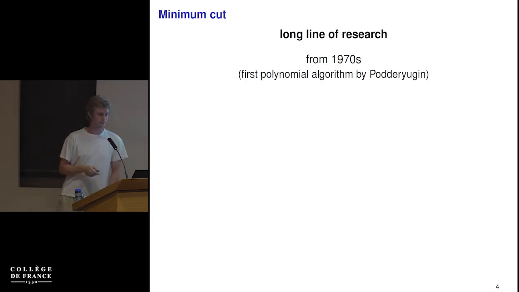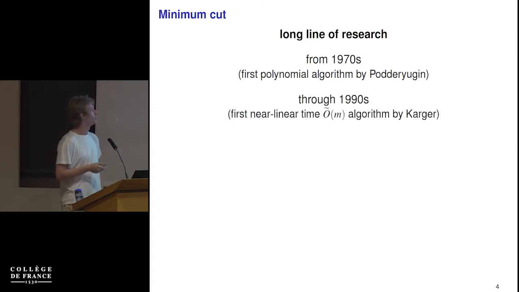There's a very long line of research that studies this minimum cut problem. It started in the 1970s with the first polynomial algorithm by Podor-Hugin, and it went on through the 90s through a long sequence of works. The classical complexity of solving this problem was brought down to near linear, which is almost optimal classically, O tilde M, where M is the size of the graph.